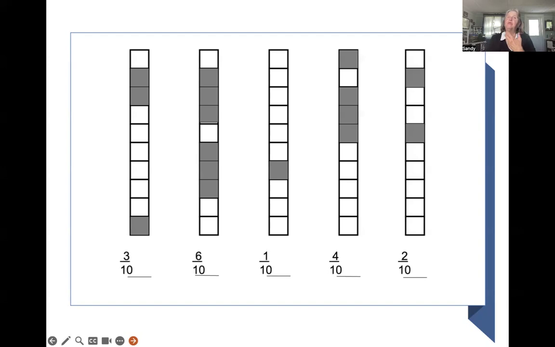Now, we've already been working with common fractions, so notice this common fraction label is where we start, and then all we have to do is do the equivalent decimal fraction label. Now notice I don't have zeros in front of the decimal point. It's not mathematically required. It can be helpful.